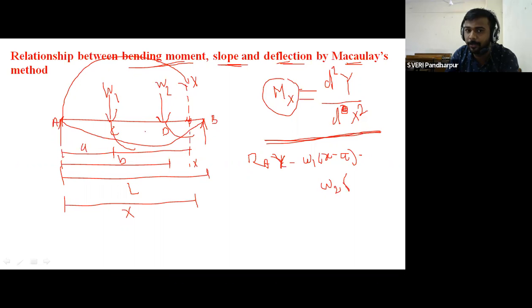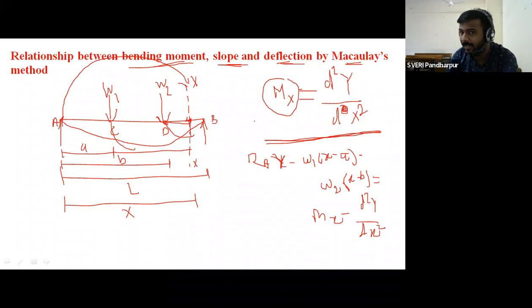What is the distance between this point D and this section? x minus b. So here W2 into x minus b, which is equal to the same Mx, EI d square y upon dx square.